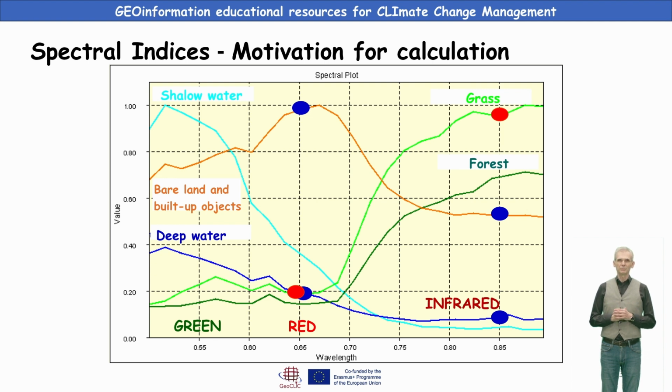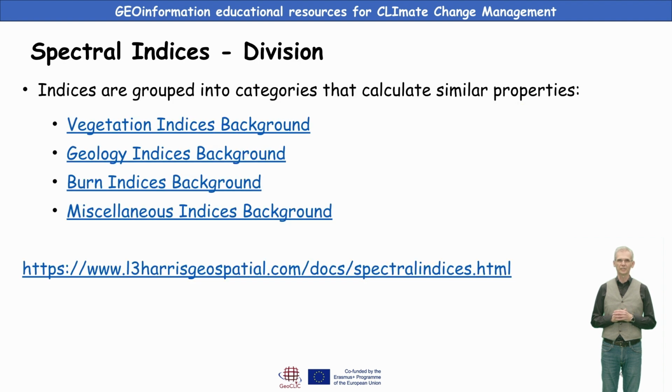So two digital images, matrices, near-infrared and red, are simply divided in a raster calculator, and coefficient values for all objects are obtained. The reflection coefficient, and thus the pixel value, for vegetation is the highest in the near-infrared and the lowest in the red region of the spectrum.